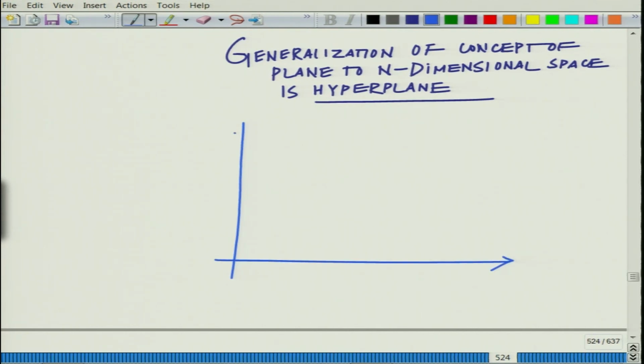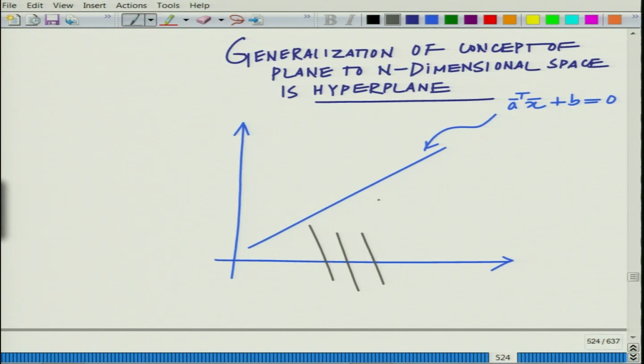And what you will see, very interestingly and not very difficult to see, is that whenever you have a hyperplane in arbitrary n dimensional space, which you can visualize for now in 3D or 2D, A bar transpose x bar plus b equal to 0, it divides the space into two regions.